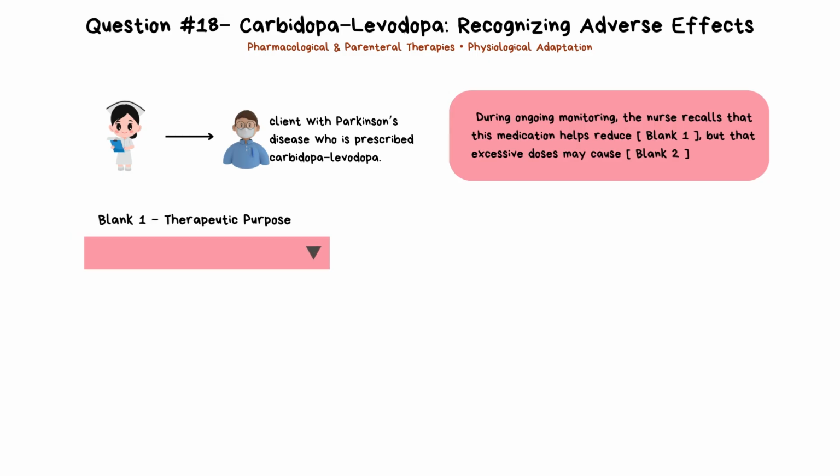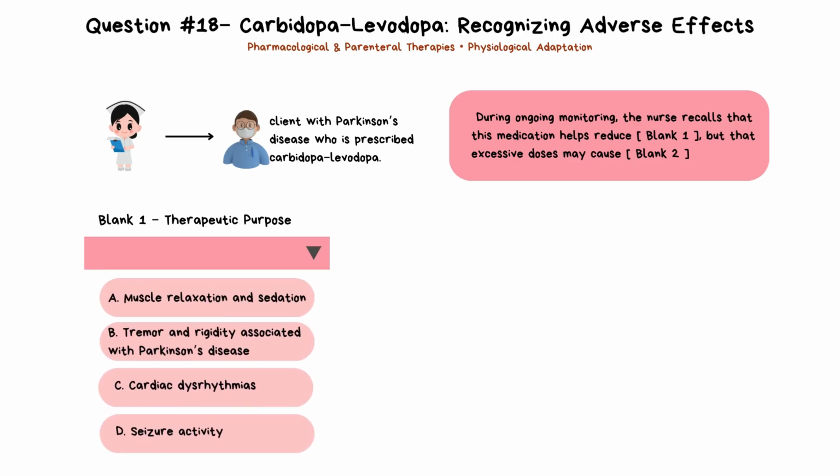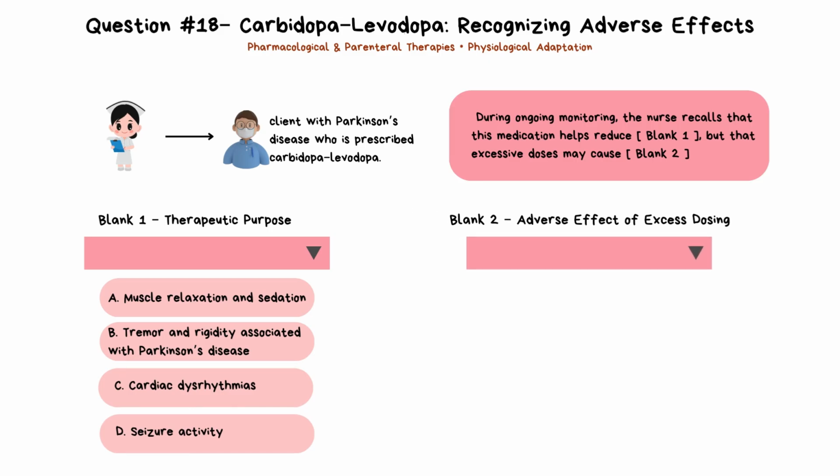Blank 1. Therapeutic purpose. A. Muscle relaxation and sedation. B. Tremor and rigidity associated with Parkinson's disease. C. Cardiac dysrhythmias. D. Seizure activity. Blank 2.